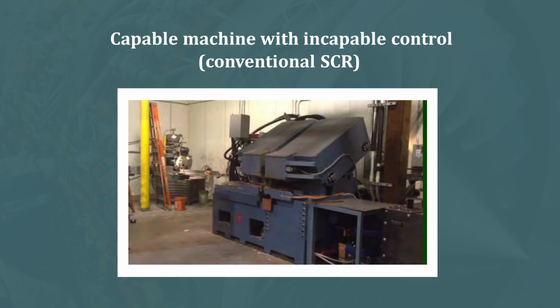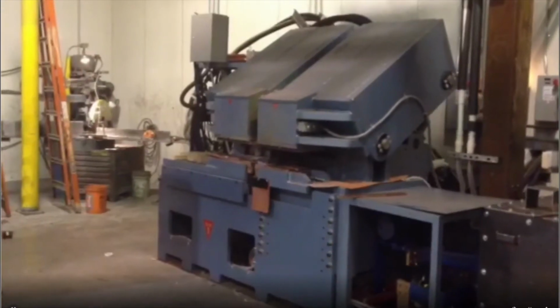Now, we already discussed half cycles of SCRs being inefficient, and this is an example of a capable flash welding machine with an incapable SCR-based control.